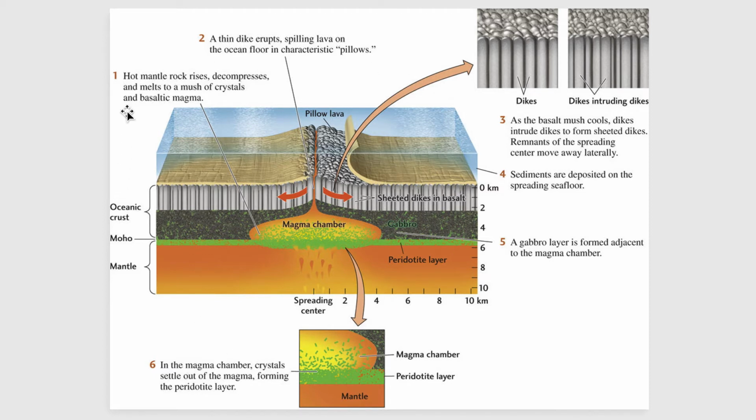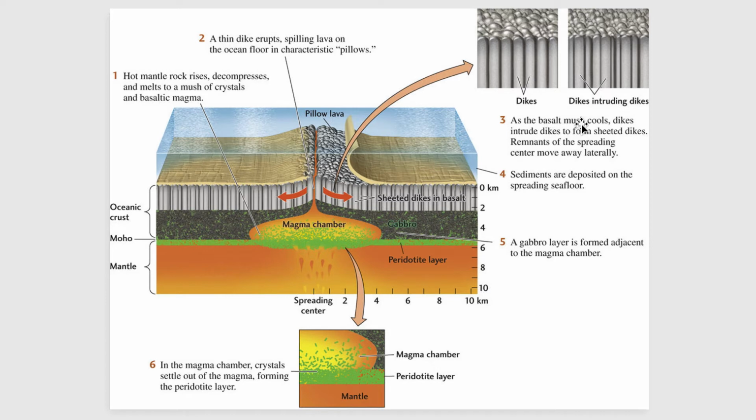So you start with a hot mantle with rock rising, decompressing and melting, and a mash of crystals of basaltic magma. Then a thin dike will erupt and spill lava on the ocean floor, and this produces those characteristic pillows.